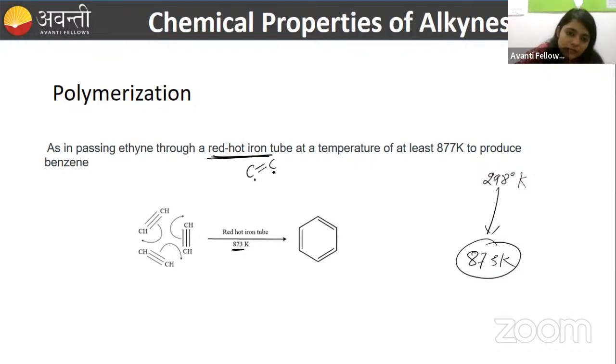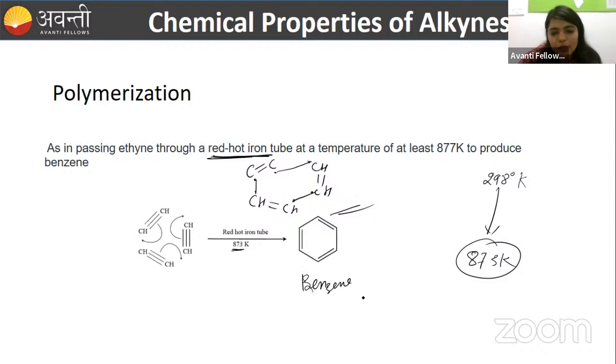You will get a free valency here, then CH free valency here, then CH free valency here. These free valencies can be joined like this. Okay, so you will get your benzene. If you get to know the properties of benzene, then benzene will become your favourite molecule. Benzene is so good, so stable.